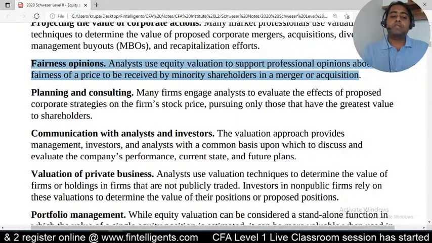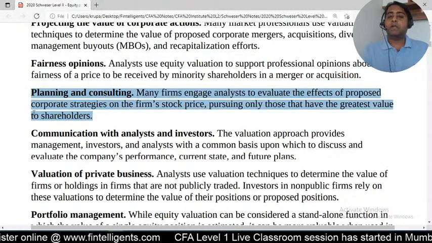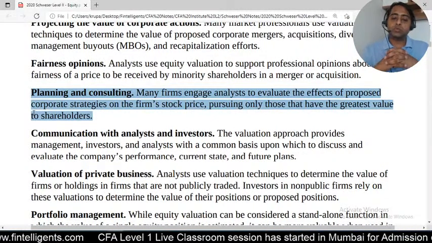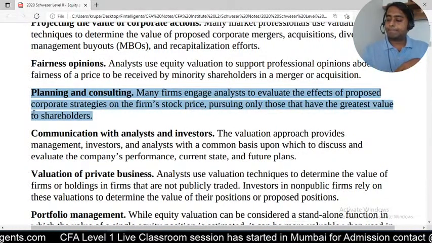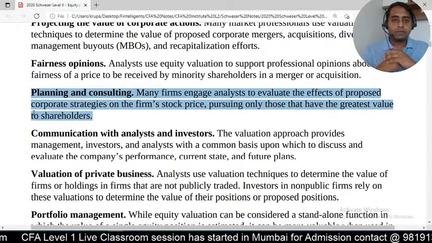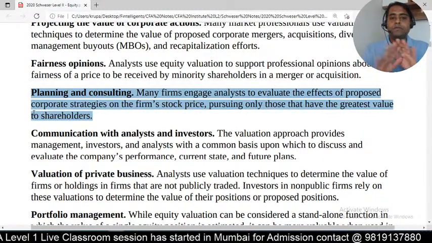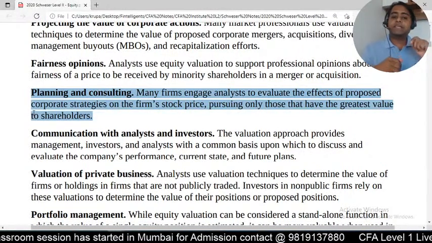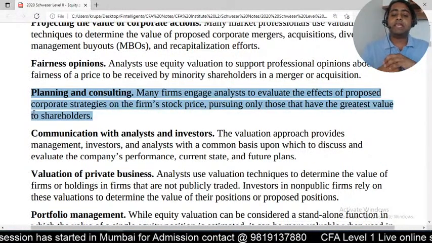This is also an interesting component, planning and consulting, where the equity valuation process is used. Right, fairly simple.